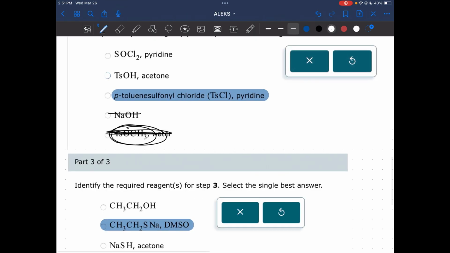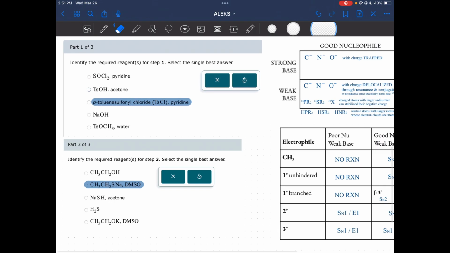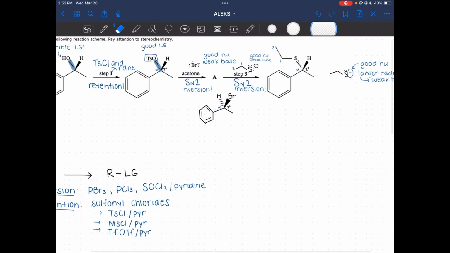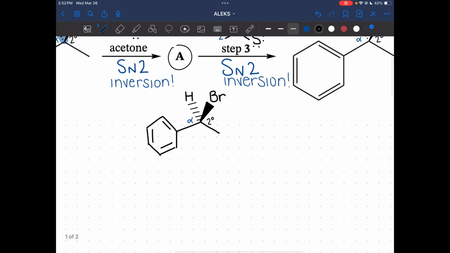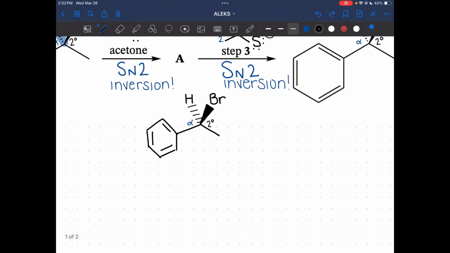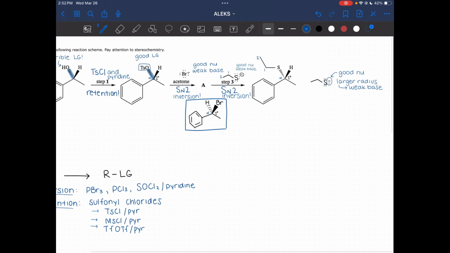Ultimately, these would be our answers: what I highlighted, part 1 and part 3. For the A reagent here, it would be this molecule right below. I'll put a box around it. And that would get you the correct answers for this problem.